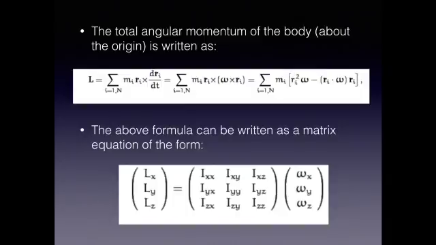Now, since this is a cross product, it can further be written in a matrix form. The matrix equation of this formula is given below. This matrix is called the moment of inertia matrix with all the values of I.